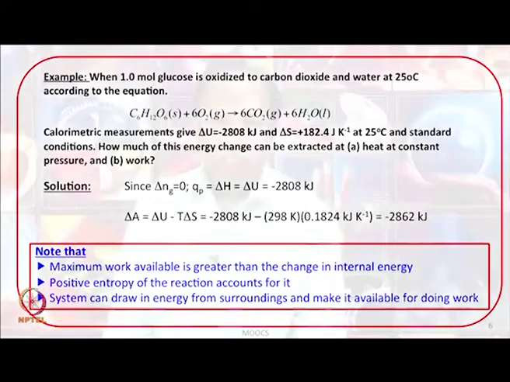So, what we have discussed in this lecture is the Helmholtz free energy, Helmholtz function, which is also called the maximum work function or work function. We also discussed the origin of using the term free, and then we further discussed that the maximum work obtainable from the system can be greater than the change in internal energy, or it can be less than the change in internal energy, depending upon whether the delta S for the system is positive or negative.